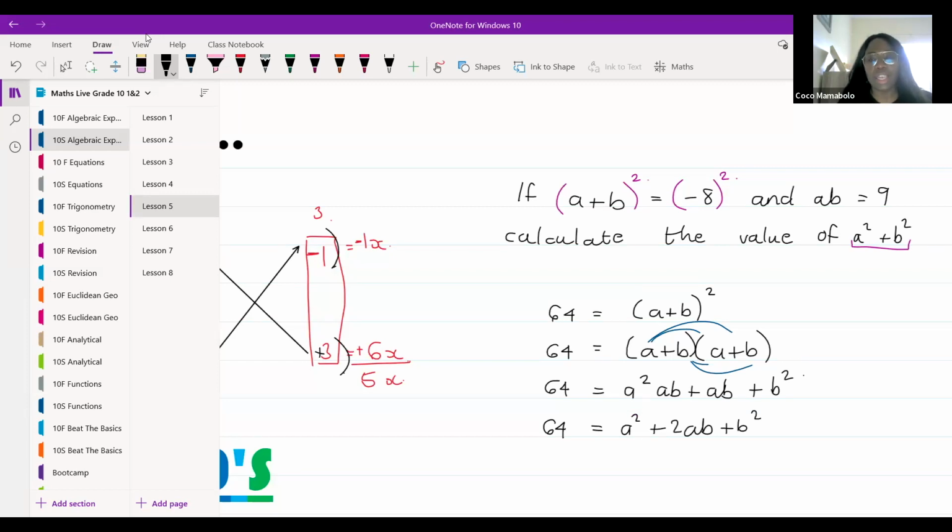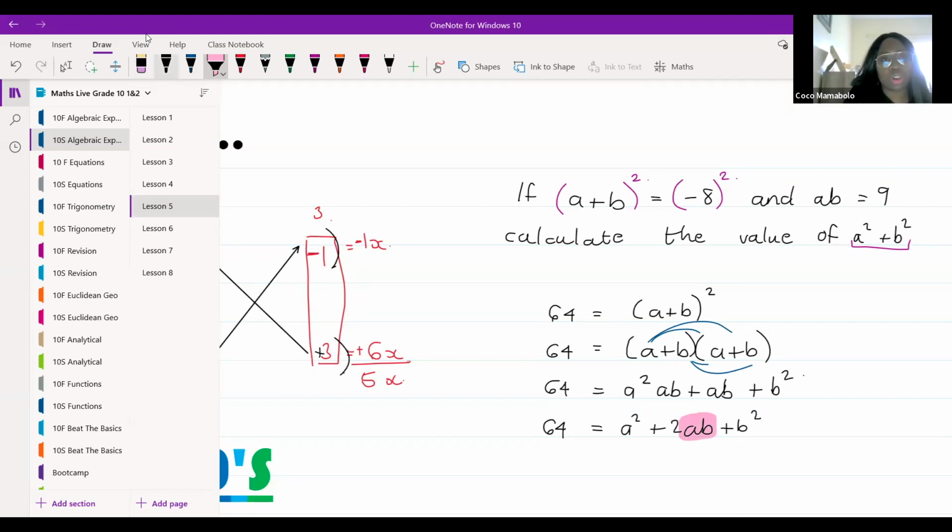All right, now let's go back to the very beginning. What did our question say ab is equal to? What is ab equal to according to our question? 9, good.